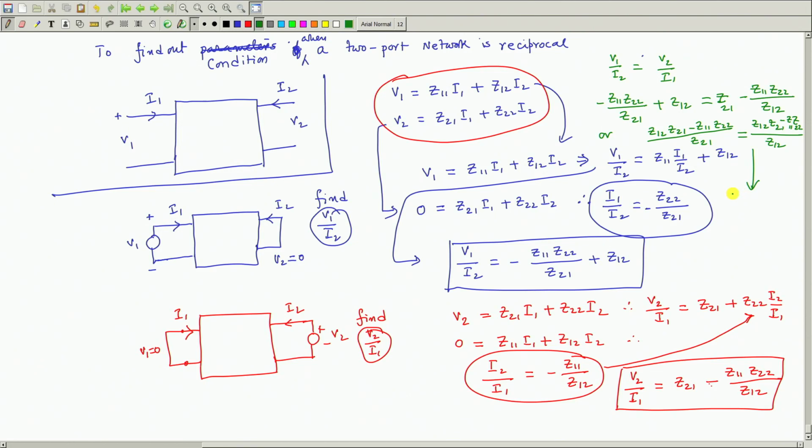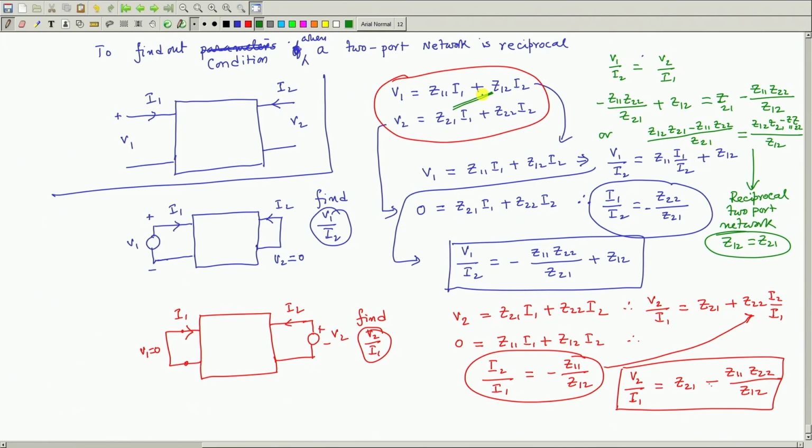So, for a reciprocal two port network, Z 1 2 must be equal to Z 2 1. These two elements should be the same if the network is to be reciprocal. Therefore, if given the Z matrix of a network these two elements are equal, then you can be rest assured that it is a reciprocal two port network.